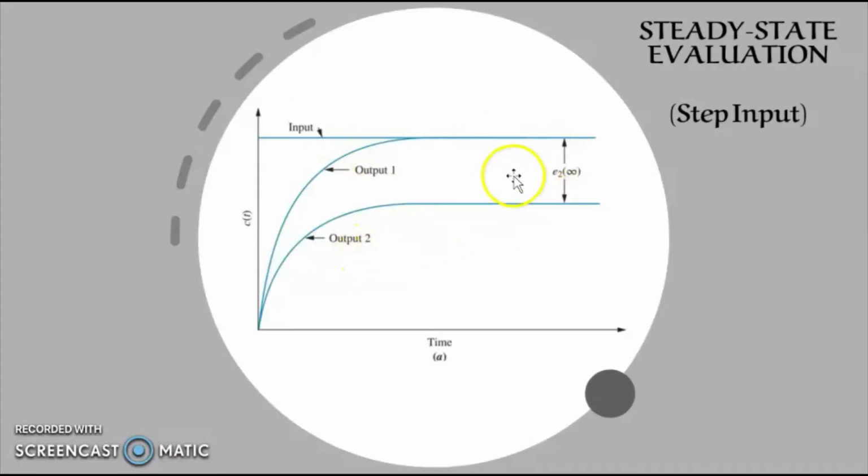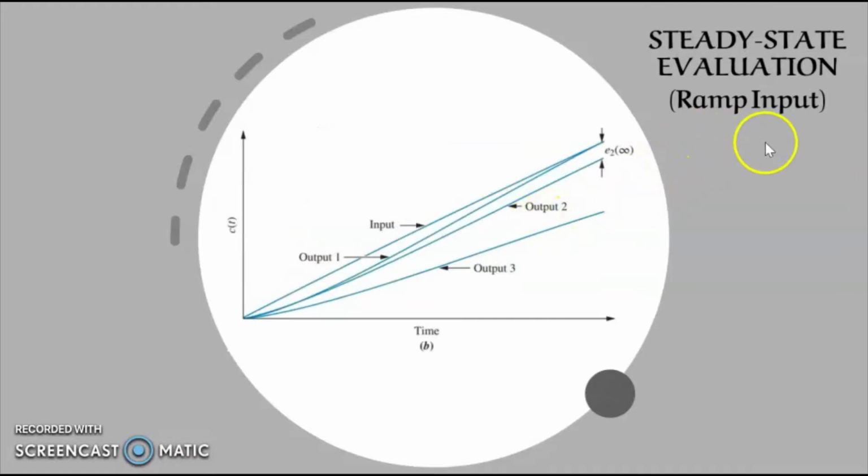To evaluate the steady state error, you look at the input and output. If it's a step input, there are two possible outcomes: either it approaches 0, or there's a finite value of the steady state error.